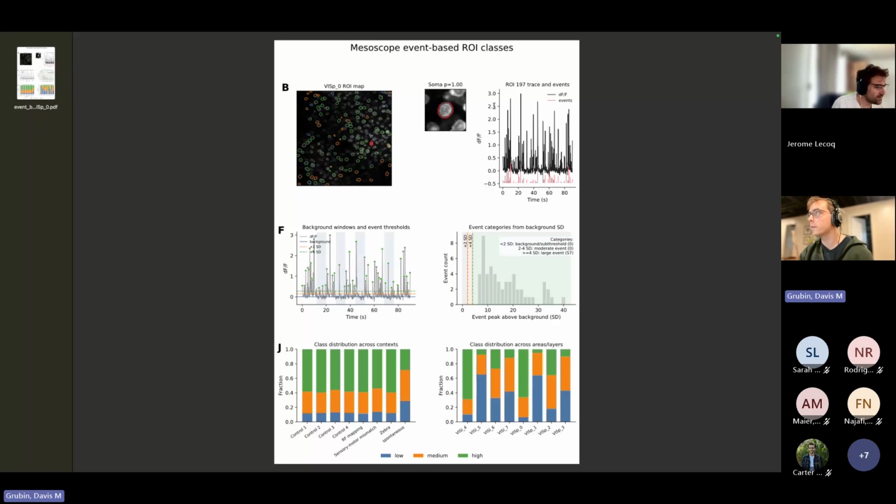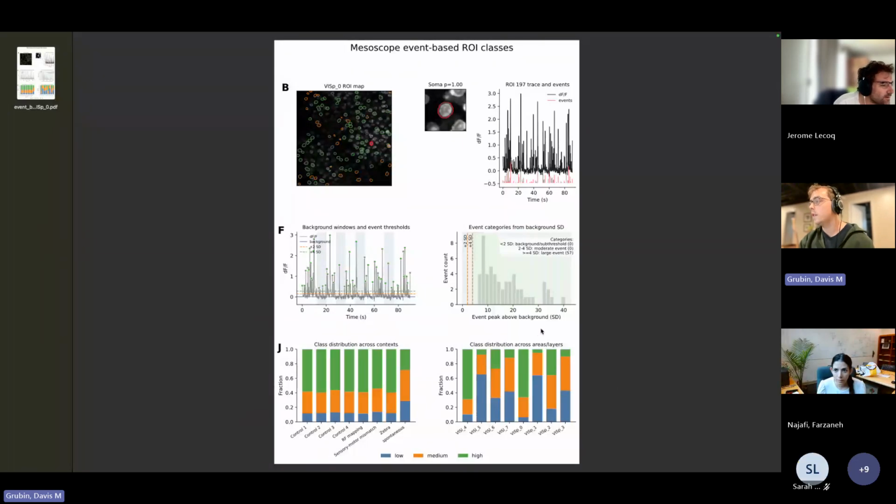This was just something I tried to put together at the last minute. I feel like this is maybe the more valuable type of thing we might be looking for, like the class distribution across areas and layers, if we end up using this metric as a potential thing to help explain what this looks like visually, as far as I know.